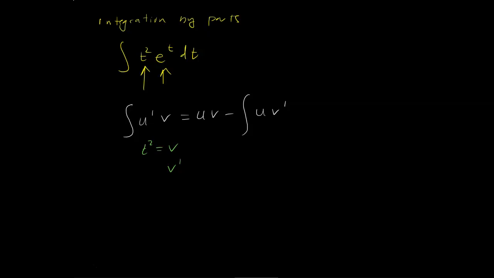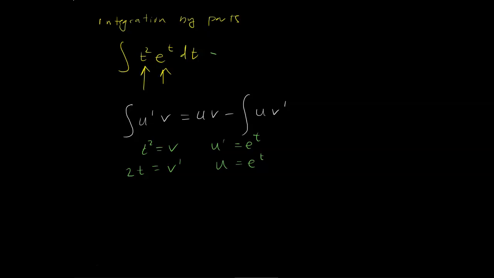That way, when I take a v prime, or take a derivative of it, we'll end up with 2t, and the power is being reduced, so that's kind of nice. And I'm going to say u prime is my e to the t. And when I take an antiderivative, it stays e to the t, so that's kind of nice as well.